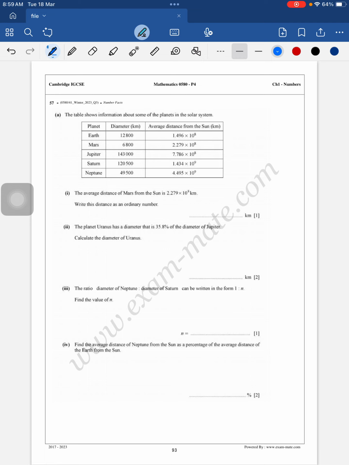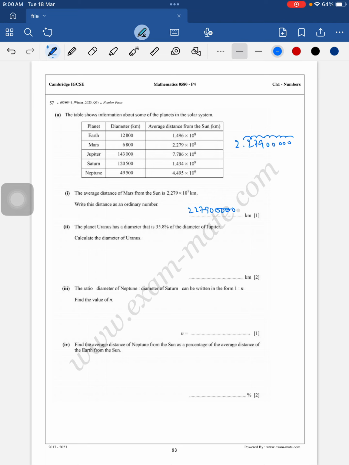So 2.279 × 10^8: 1 2 3 4 5 6 7 8, so 5 additional zeros, 227900000 kilometers. Clear?